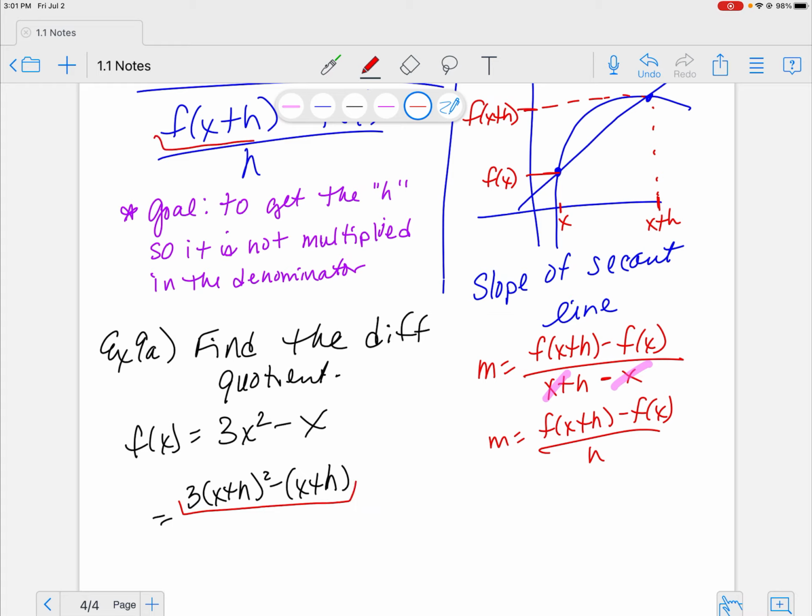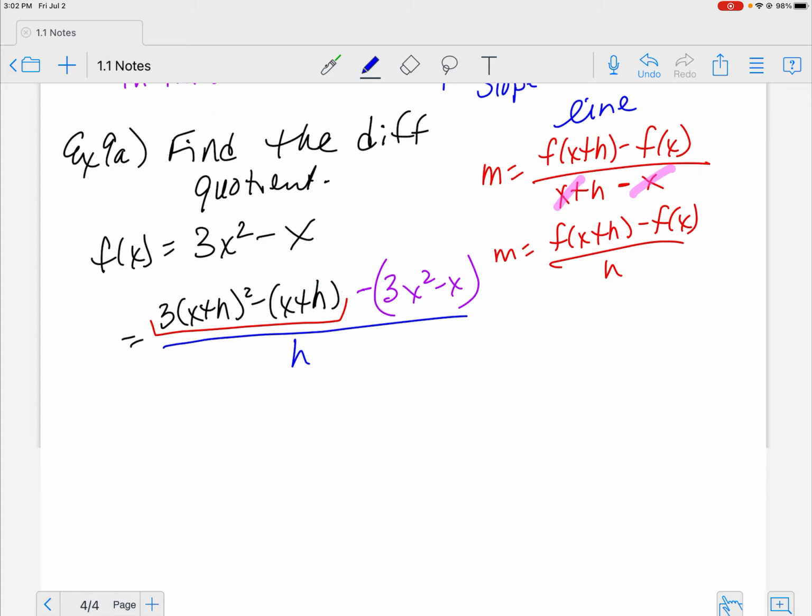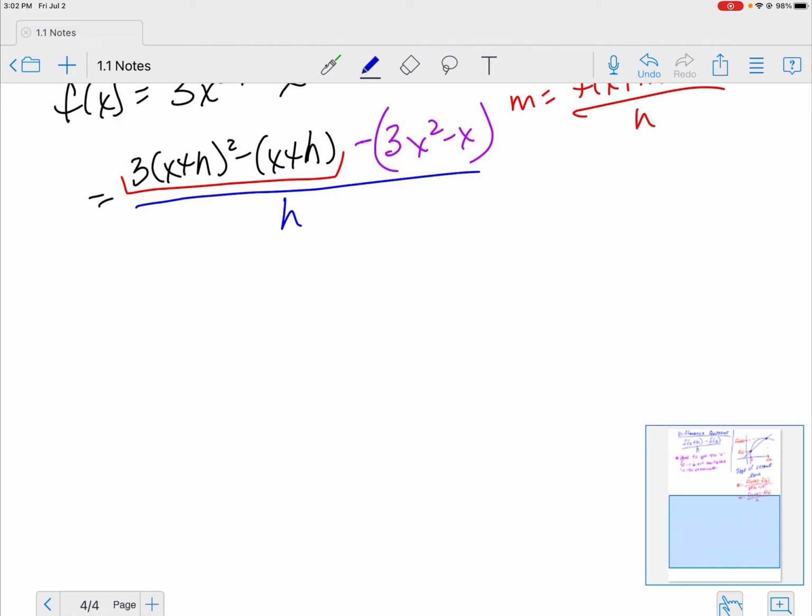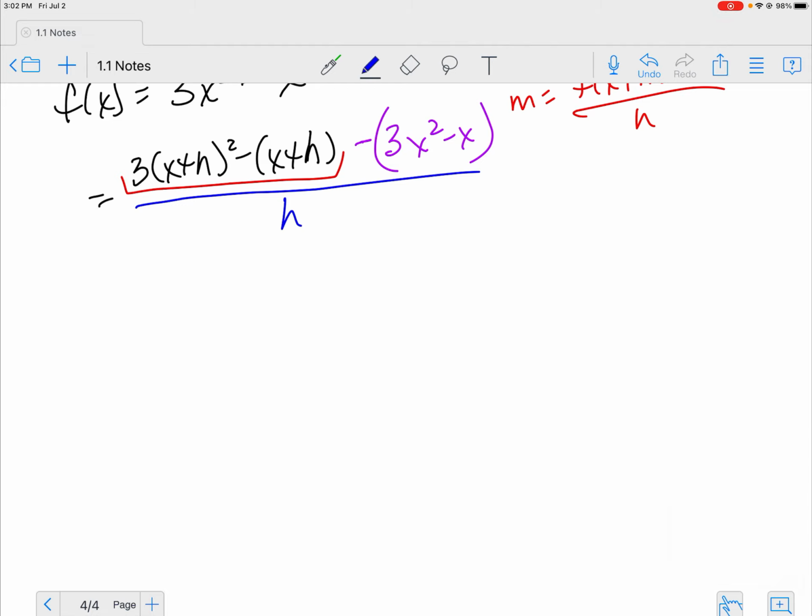It's this first component. Then I'm going to change up colors just so you can see the difference. I'm going to go purple on it. So then this is now minus, and then my f of x, which is just my straight up function. I'm subtracting that whole thing, so it needs to be in parentheses. And then that's all over h. I'm going to scoot this up so we can see it better. Do you see that?